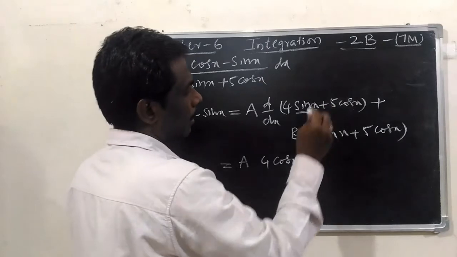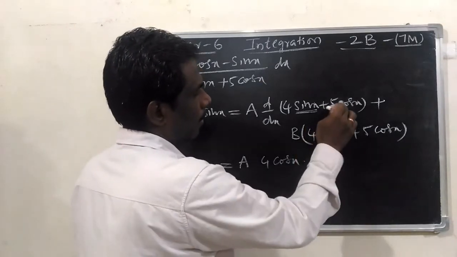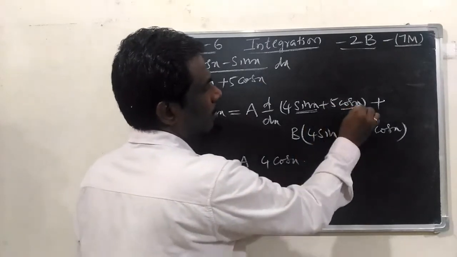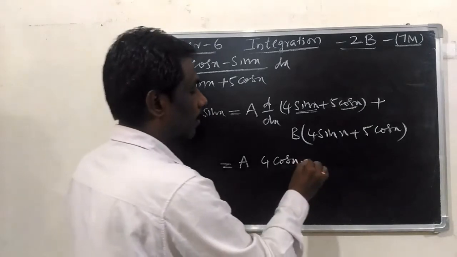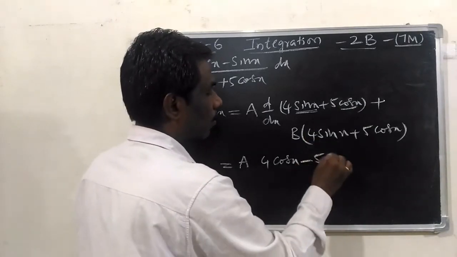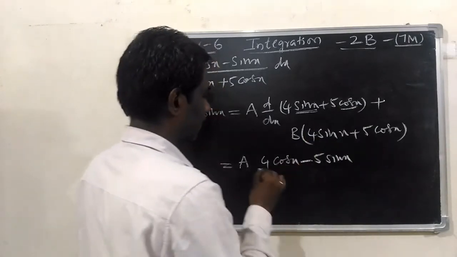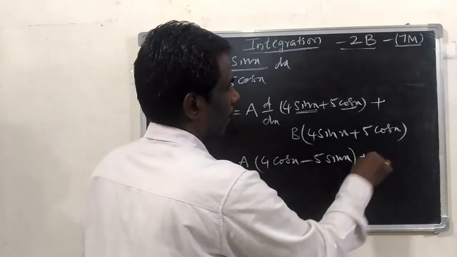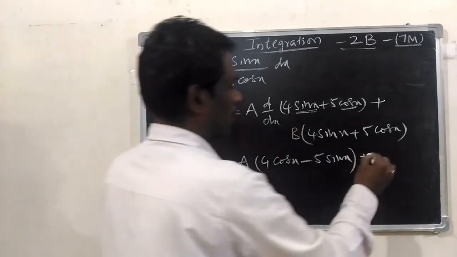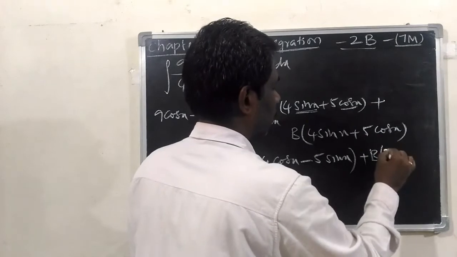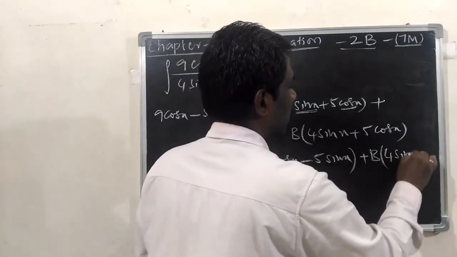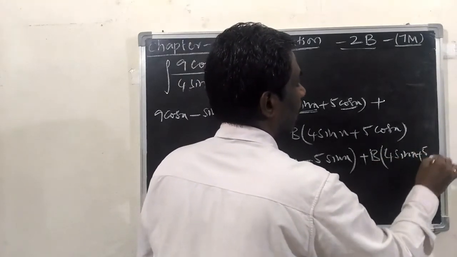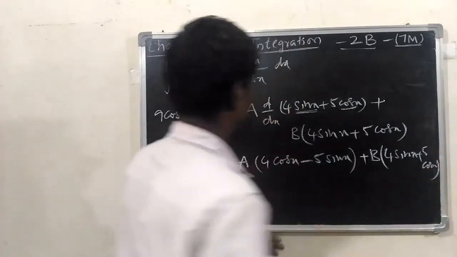And here, cos x differentiation is minus sin x, so write minus 5 sin x, plus, as it is, b into (4 sin x plus 5 cos x).